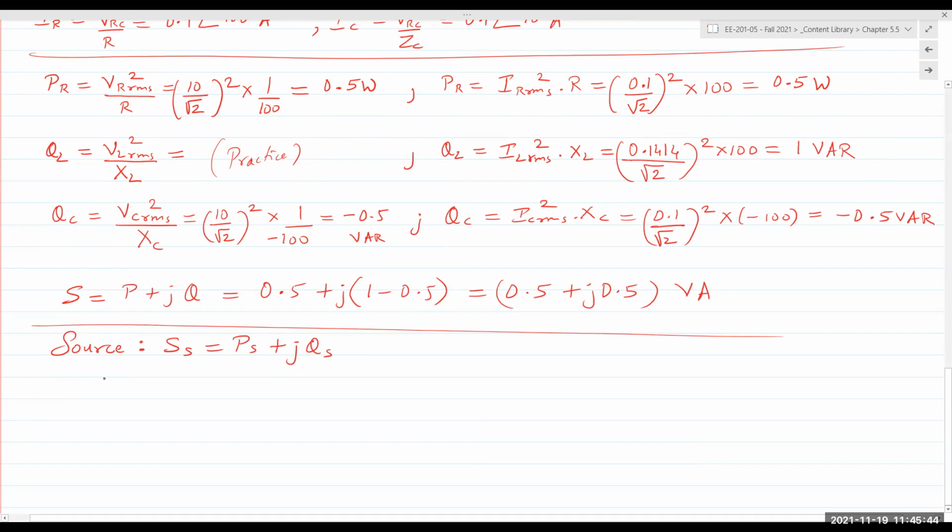Again, they are the three sides of a right angle triangle. P is the base, Q is the height, and the apparent power magnitude of S is the hypotenuse, the third side of the right angle triangle. That's where the sine and the cosine values come from. So PS would be, well, actually, let's find the power angle first.